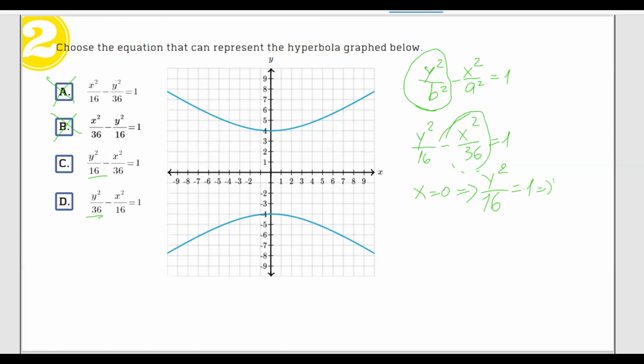From here, y is going to be equal to the square root of 16, and I get y equals 4. Based on the graph right here, it looks like this is the hyperbola. For case D, if we set x equals 0, we get y equals 6. So from C and D, right away we can tell the correct answer is going to be C.